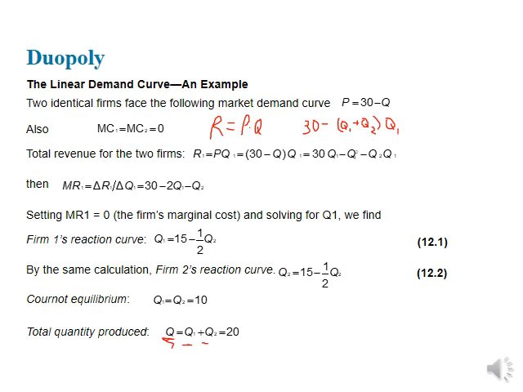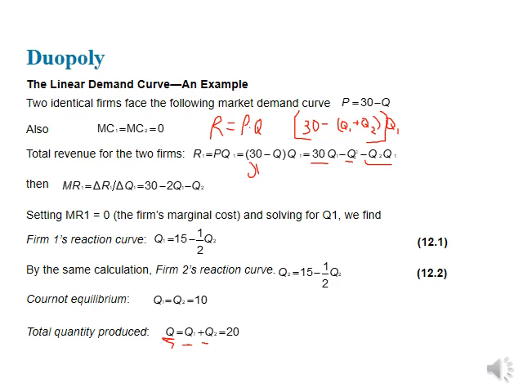So 30 minus the quantity Q1 plus Q2 times Q1. Multiplying this all the way out, we have 30 times Q1 minus Q1 squared minus Q1 times Q2. You can take a minute to go through this algebra on your own. But from here, we can derive, both in the metaphorical sense and the mathematical sense, marginal revenue.